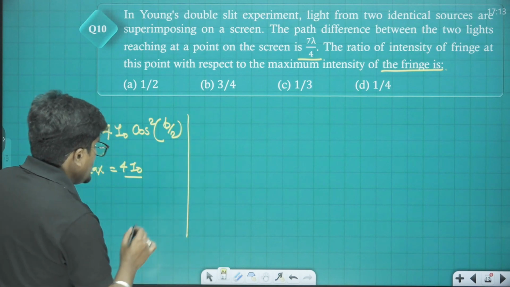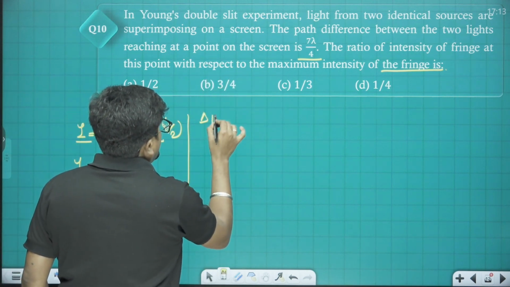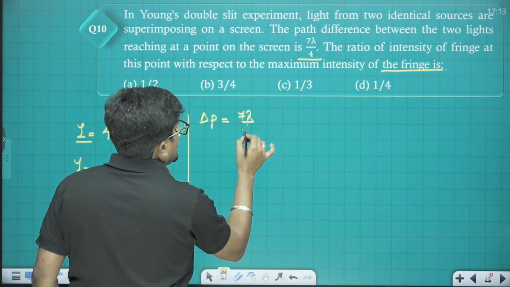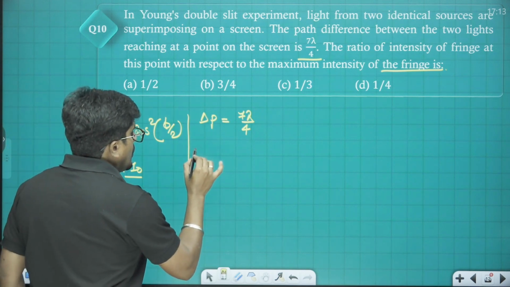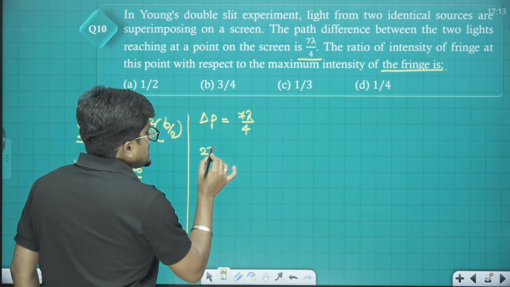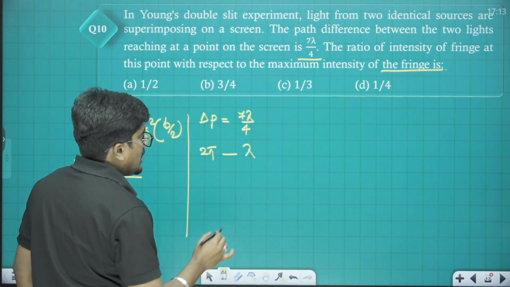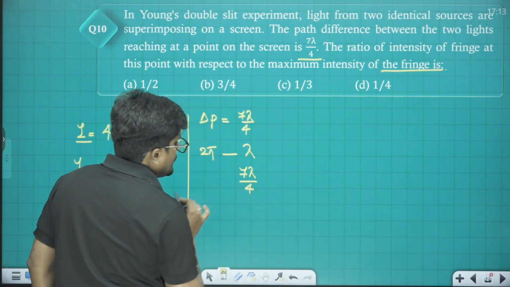Now, the path difference delta P is given as 7 lambda by 4. We all know that where the phase difference is 2 pi, the path difference is lambda. And here the path difference is 7 lambda by 4.